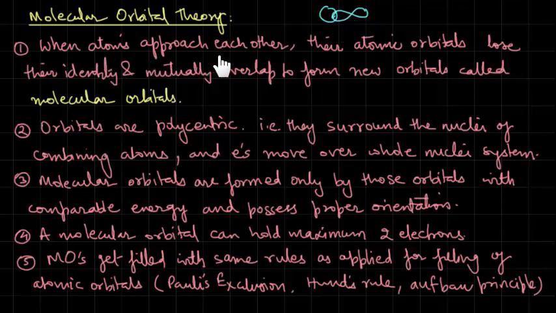When atoms approach each other, their atomic orbitals lose their identity and mutually overlap to form new orbitals. These new orbitals are called molecular orbitals. These molecular orbitals are polycentric. That is, they surround the nuclei of the combining atoms and electrons move over the whole nuclei system.